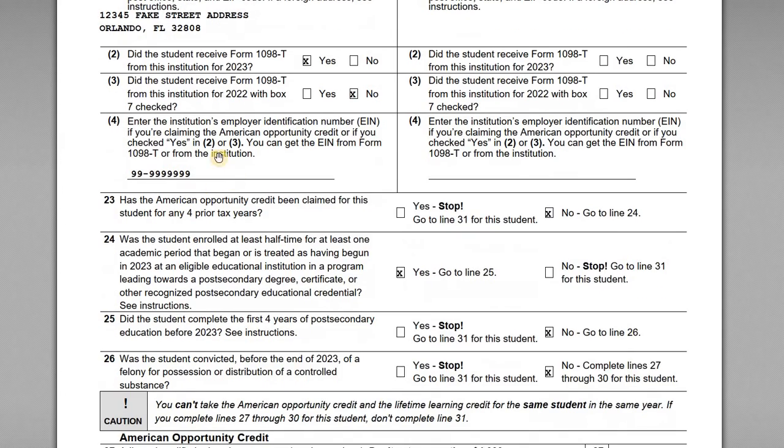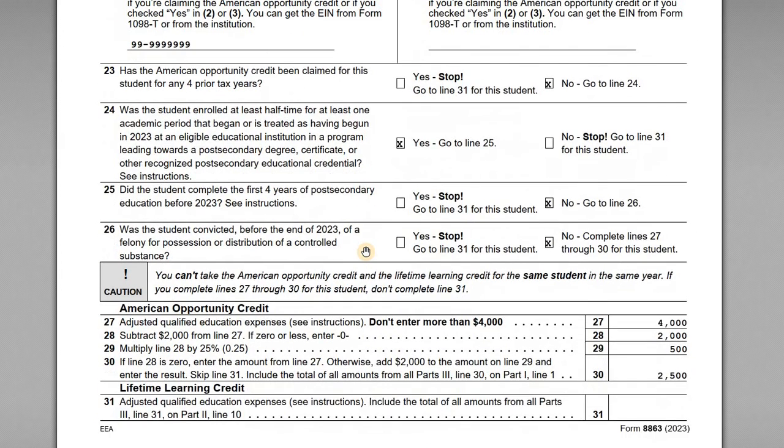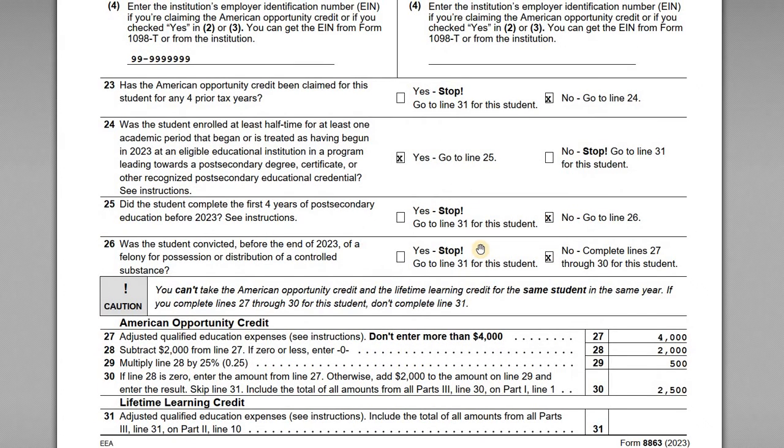All right. Box 4, we enter the EIN for the university. That's on the 1098-T. Now on line 23, it starts asking us about the AOTC, right? So has this credit been claimed for any 4 prior years? No, right? So this is going to be the first year that we are claiming it.